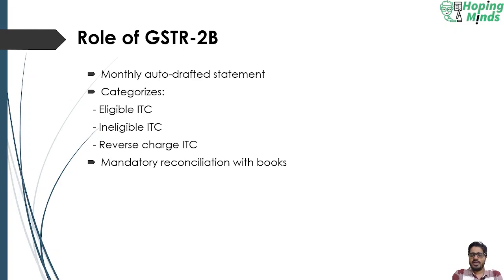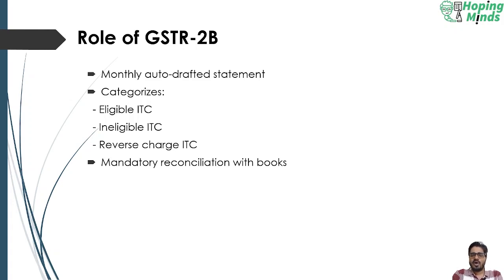So table 4, that is meant for declaring the B2B sales, auto-populates data in GSTR 2B of the recipient. So if the supplier of goods or services has filed his GSTR 1 return and declared the invoice in B2B segment, then it will auto-populate in the recipient's GSTR 2B.